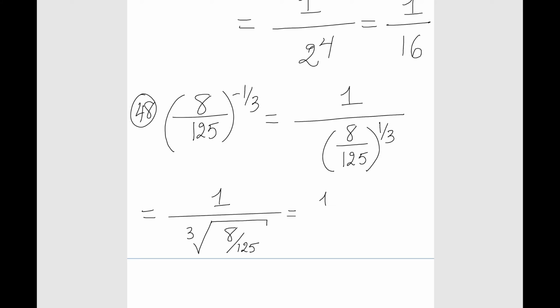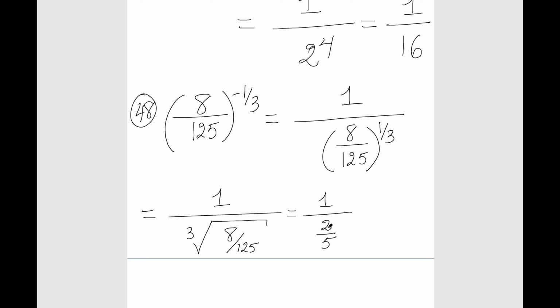So we get 1 divided by 2 over 5. You can verify it: take the third power of this, 2 over 5 times itself 3 times. 2 times 2 times 2 is 8, and 5 times 5 times 5 is 125.